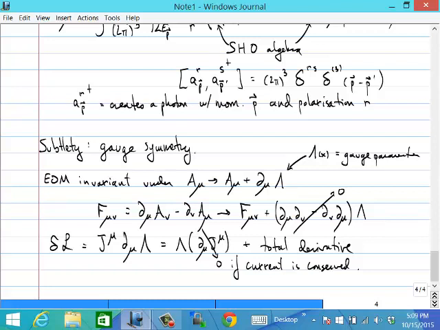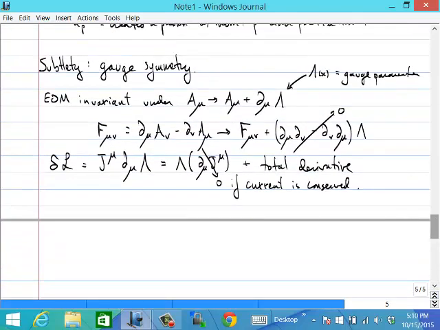Whereas here, you're shifting A not just by a number, but by a whole function's worth of things. So this is a huge symmetry, a much larger symmetry than the symmetries we've met so far in this class. There's a sense in which gauge transformations are an infinite number of symmetries. And what this means, really, is that A mu should be thought of as a redundant variable.